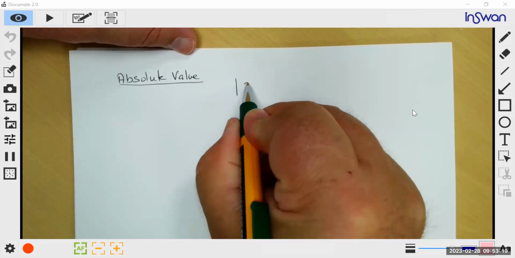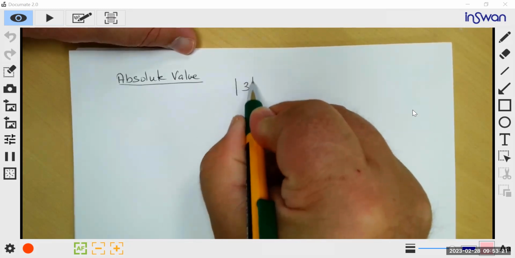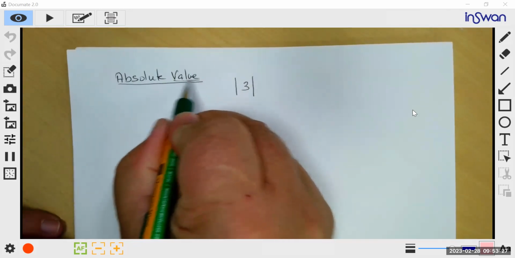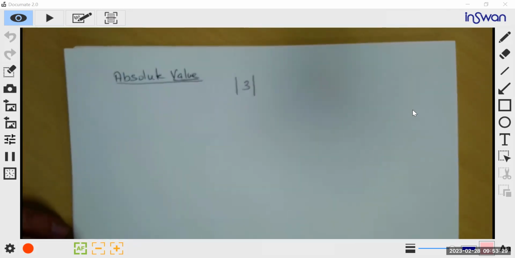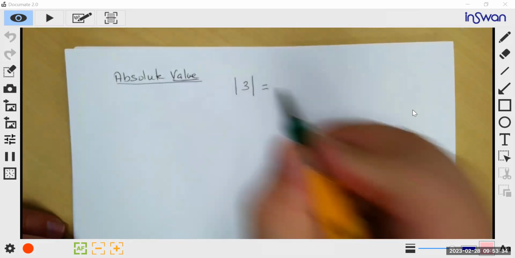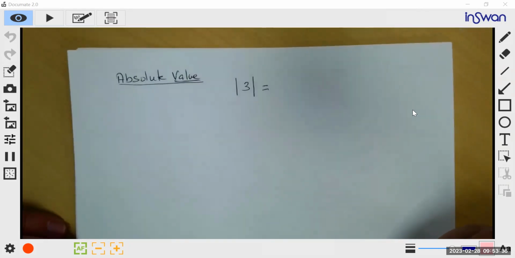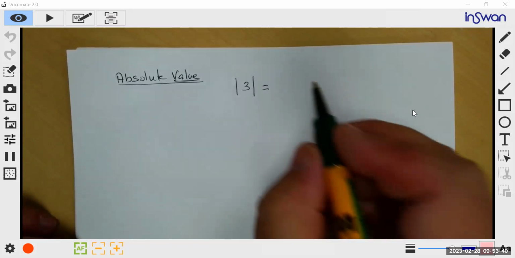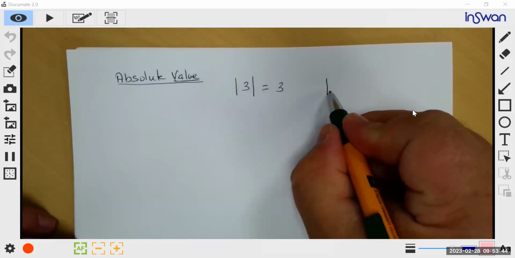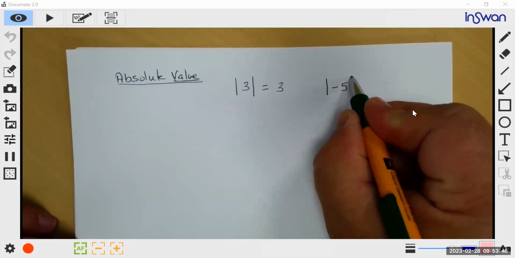That's absolute value. You've seen it before. It's just the name. It's a value. It's a single number. So what is the absolute value of 3? Three. What's the absolute value of -5?